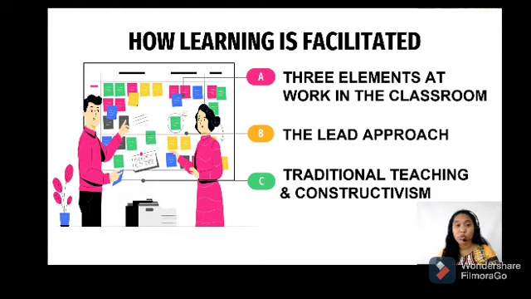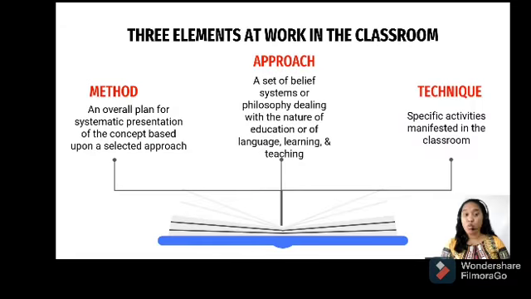And lastly, we are going to compare traditional teaching and constructivism so that we are going to have a clear view on what approaches we are going to use in our teaching and learning process. Now we are going to discuss the three elements at work in the classroom.